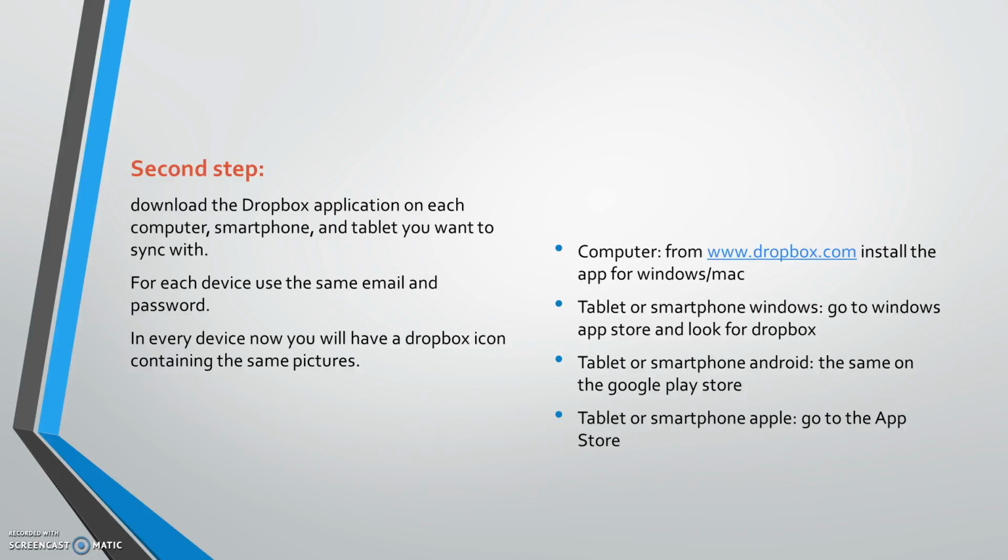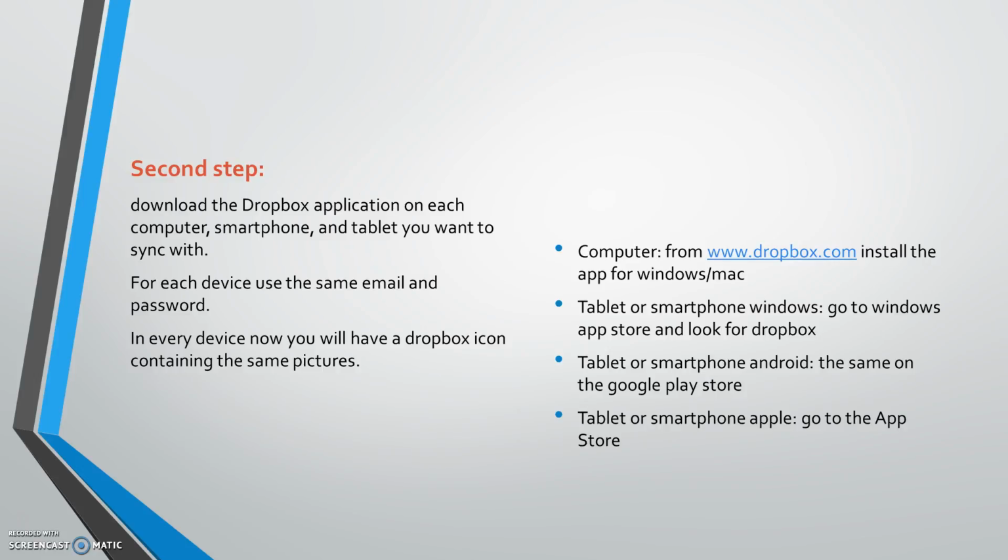So the computer, where can we find this application? For the computer, from www.dropbox.com, it is called install the app, for Windows, Mac. On the tablet or smartphone with Windows, they have the Windows App Store, and in the search box you look for Dropbox.